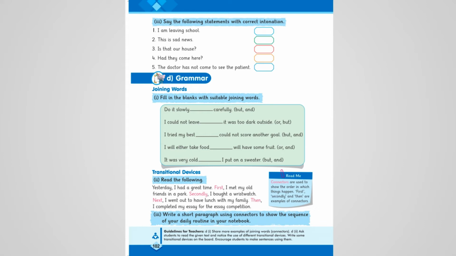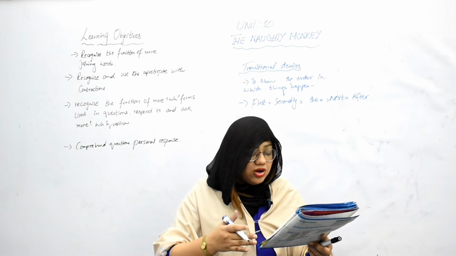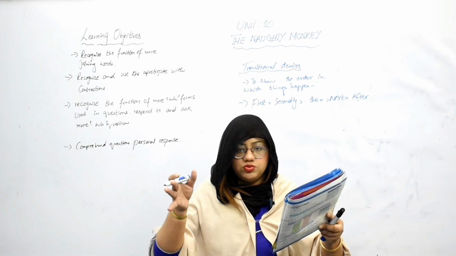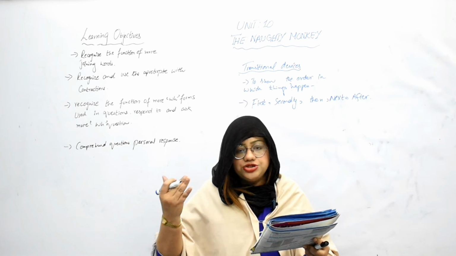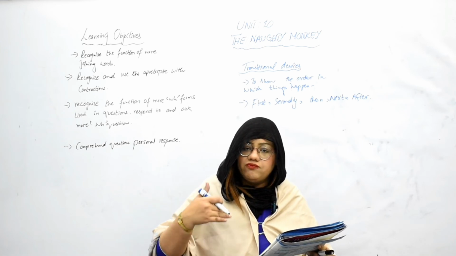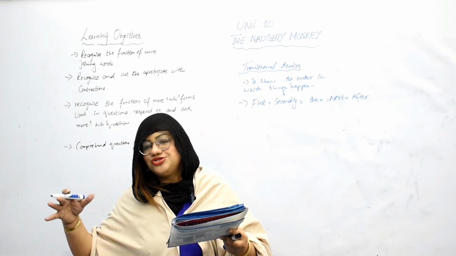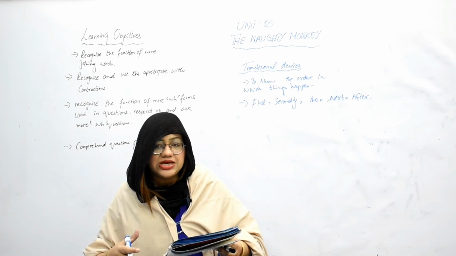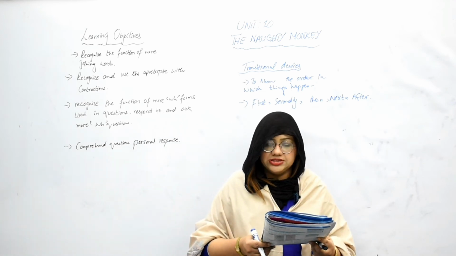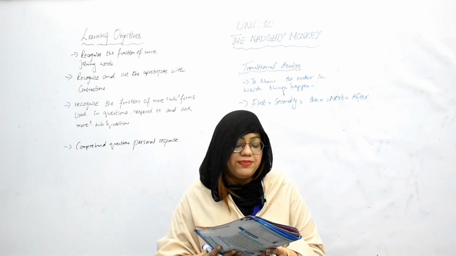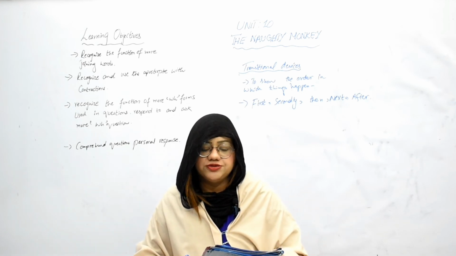Then I completed my essay for the essay competition. So these are the words that we use to connect one sentence to another, to show a linkage. So these are called transitional devices. I hope now you have a better understanding of it.